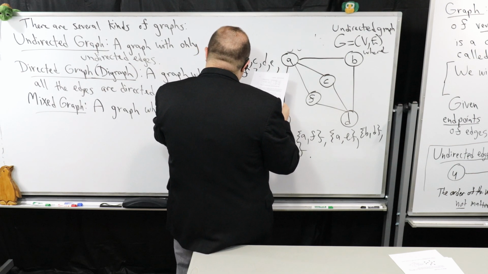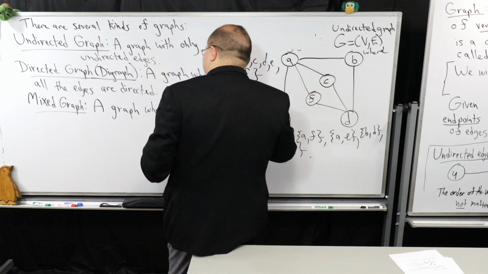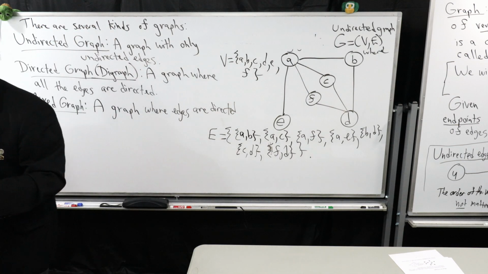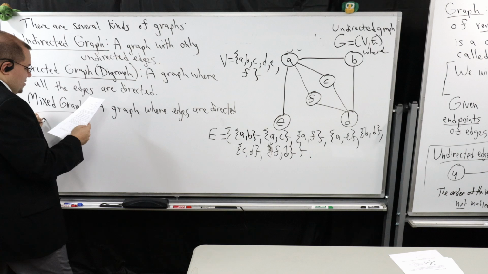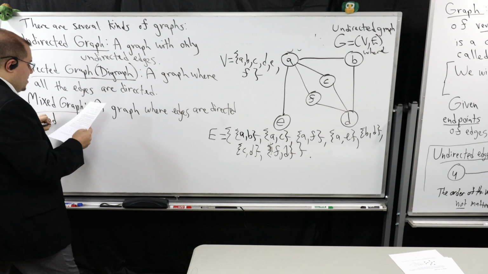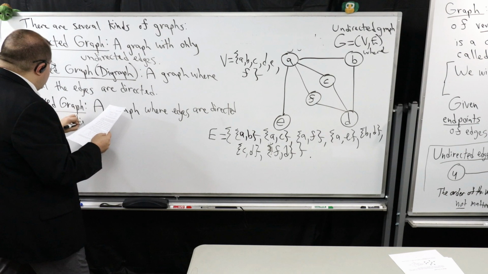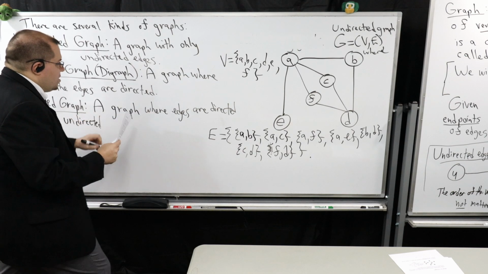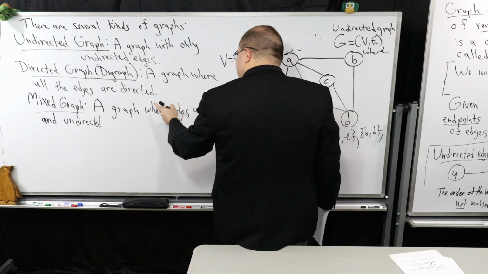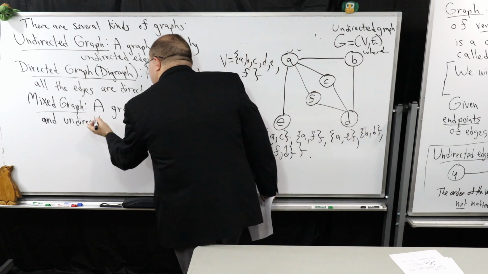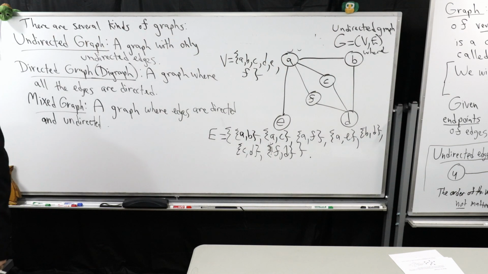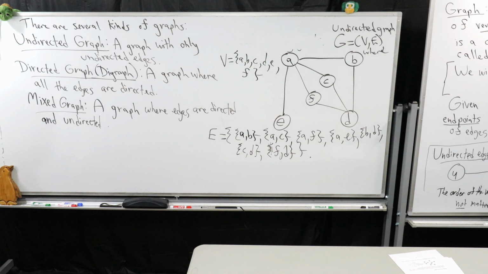I know I'm terrible. I'm sure somebody heard taco salad and is just like, man, I would like some right now. It's a graph where edges are directed and undirected. If I might be more precise, I mean that some of the edges may be directed, some may be undirected. Not that they're literally both at the same time, just to be clear, because that makes no sense.